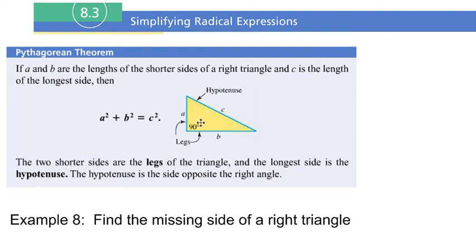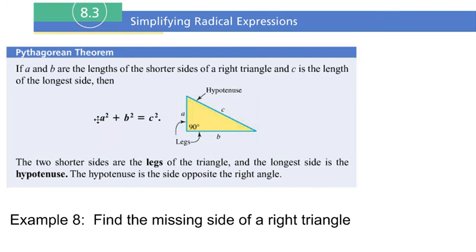If you have a right triangle, meaning you have a right angle in there, leg squared plus leg squared equals hypotenuse squared. The legs of the triangle are always touching the 90-degree angle. So this leg is touching the 90 degrees, and this side is touching the 90 degrees. That's why it's a squared plus b squared.